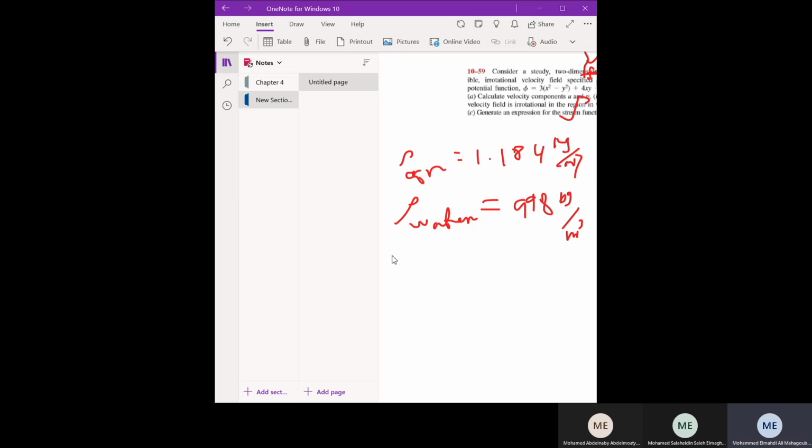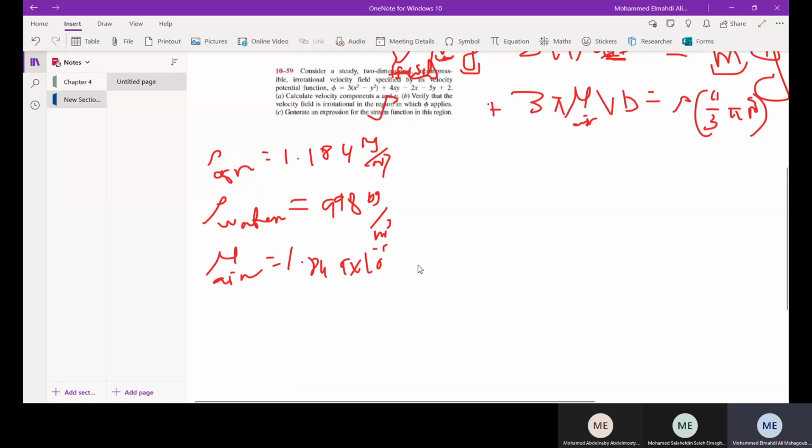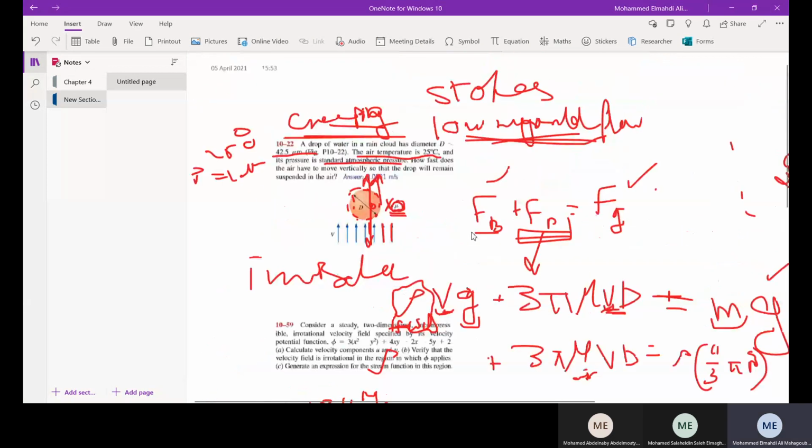And we also need mu of air, which is equal to 1.849 multiplied by 10 to the power minus 5. These are all the properties that we need: two rhos and one mu. The diameter of the ball is 42.5 micrometer.